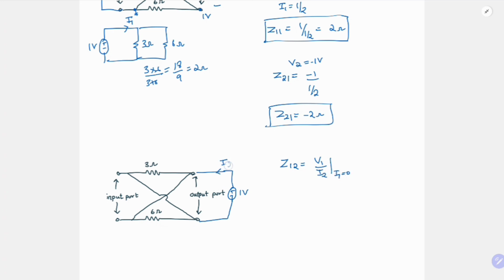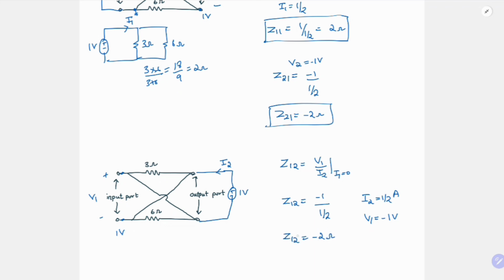This is I2 for us, and again the 3 ohm and 6 ohm are in parallel. So I2 is again 1 by 2 ampere. So Z12 is V1 by I2, and I2 we already found, which is 1 by 2. What is V1 here? V1 is this one. This is again ground and this is 1 volt. So V1 is minus 1 volt. So this is minus 1 by 1 by 2, so Z12 is minus 2 ohm.